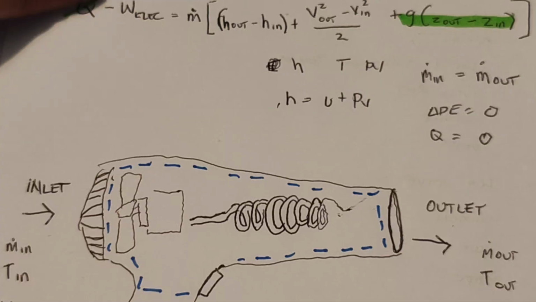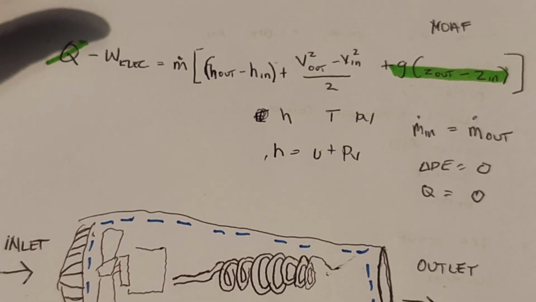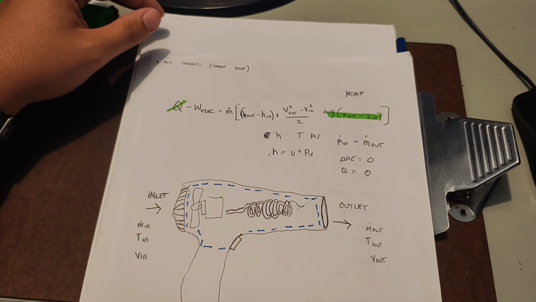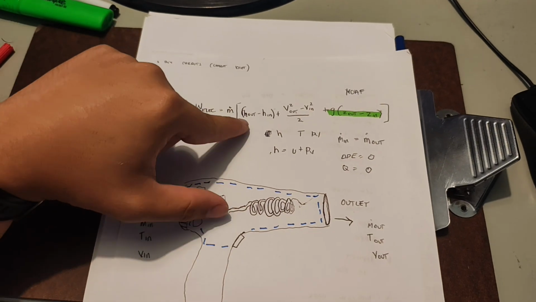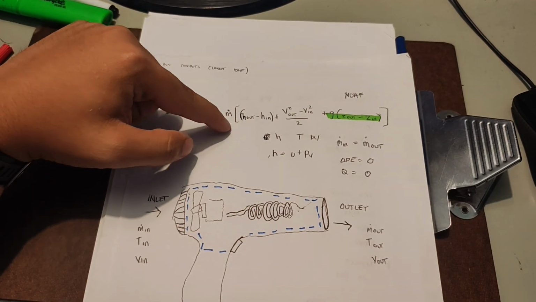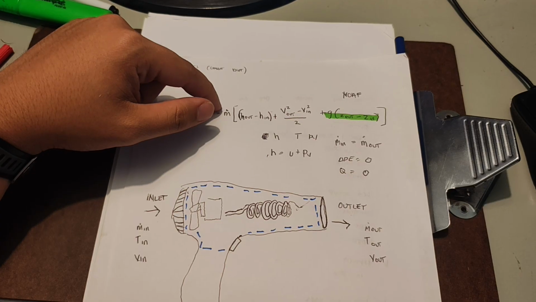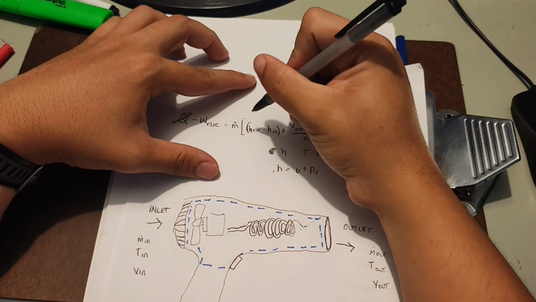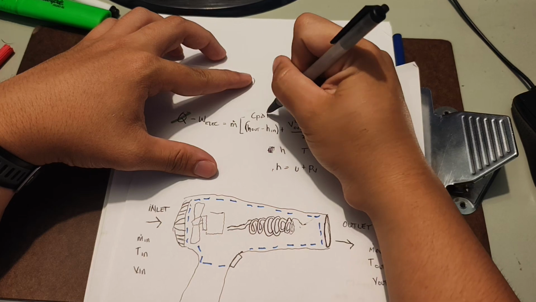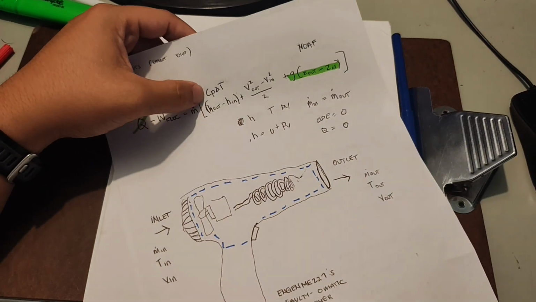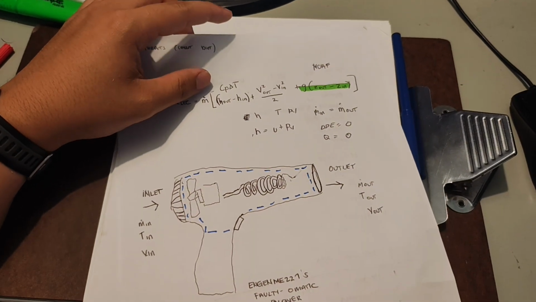Now, here's the trick. Let's go back to 1. Here's the trick. Can we replace this enthalpy with something else? Well, yes. What we can replace it with is Cp delta T. Okay?